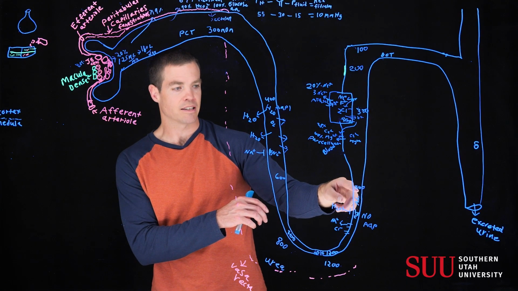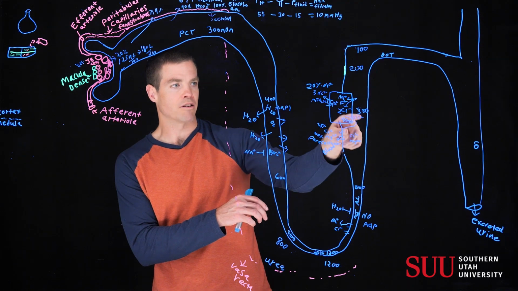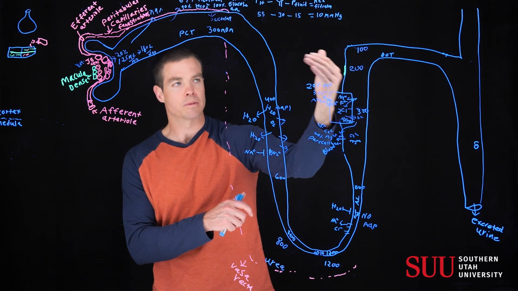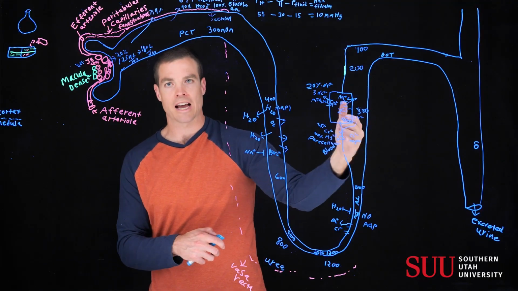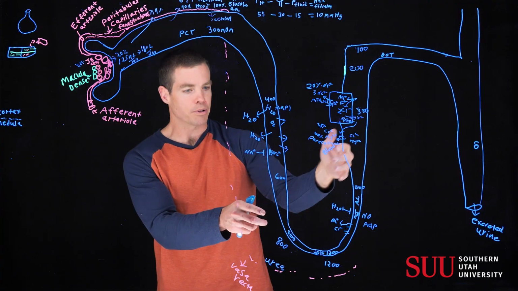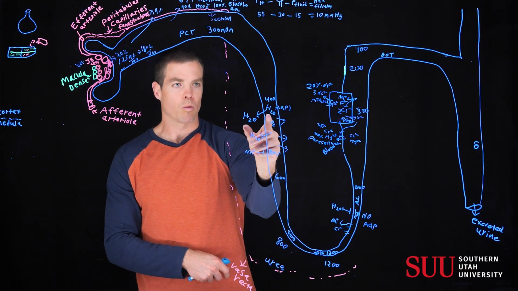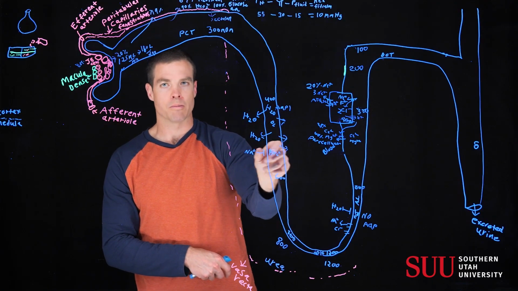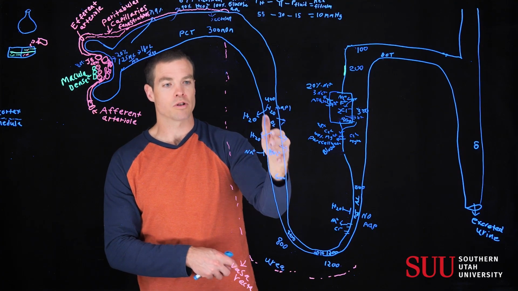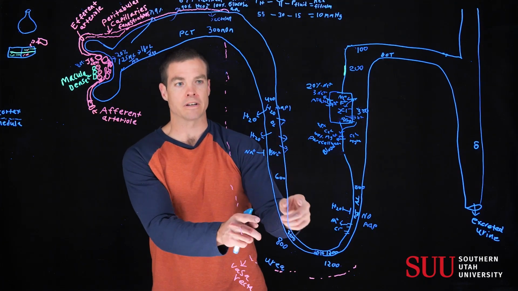So here it's like 800, and over here it's 300, and then 200, 100, right? Because you're getting rid of all those ions, and water can't follow it. But over here, ions can't get through the membrane, so you can't have any passive diffusion. But for water, there are aquaporin 1 channels where water is just freely flowing out.